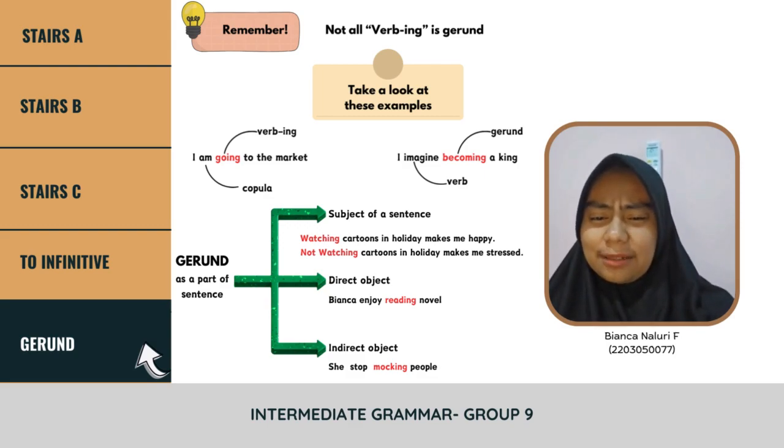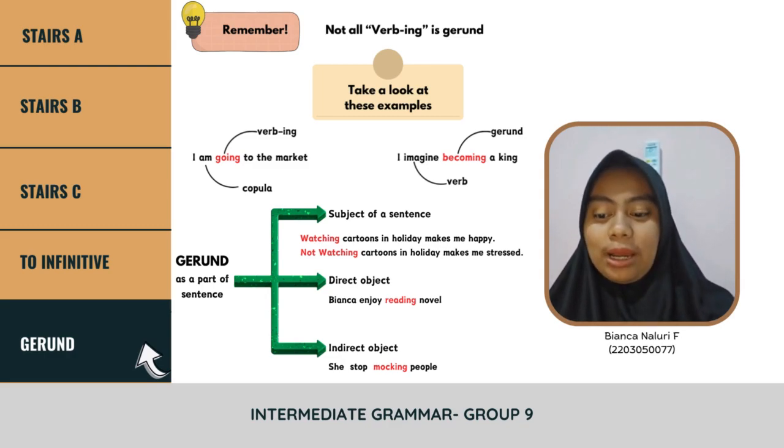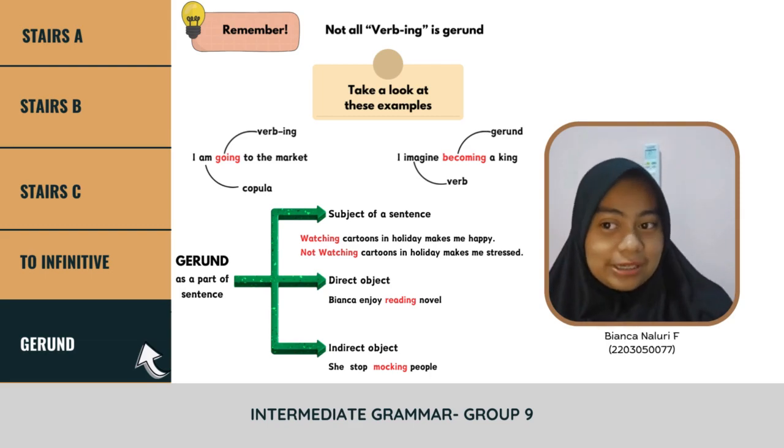So you must differentiate these two things: when the verb-ing will be the present participle or will be a gerund. Okay, take a look at these examples.